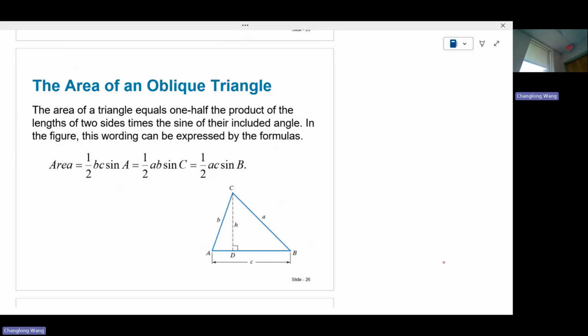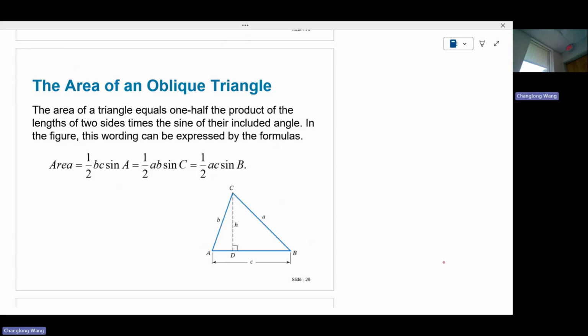But let's not do an obtuse triangle, because if it works out, it works out. With an acute angle triangle, it's nice to see the height right there. So how do I find the area of this triangle? You take the base, which is little c, times the height, times that magical factor 1/2.